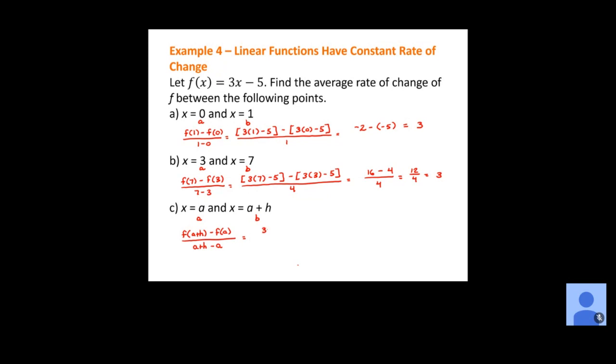Good, right? So we're just substituting a plus h for the x. So we have 3 times a plus h minus 5. That takes care of that piece. Minus. And then what's f of a going to be?